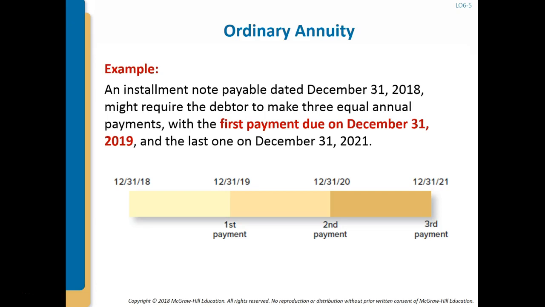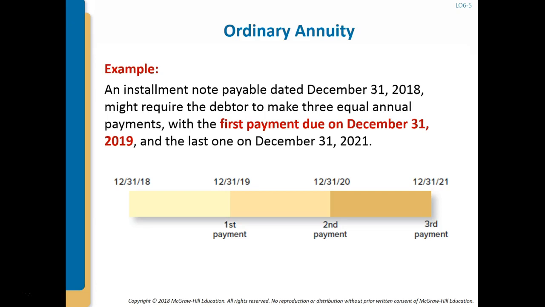So an ordinary annuity is where the first cash flow, the receipt or the payment, is made one compounding period after the date on which the agreement begins. So the final cash flow takes place on the last day covered by the agreement.